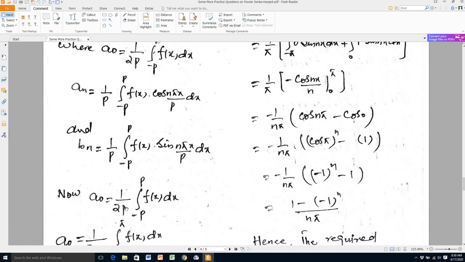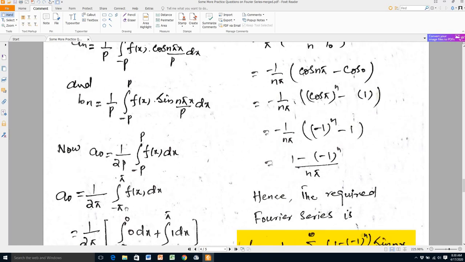Now we solve the first coefficient. A naught is equal to 1 over 2p integral from minus p to p f of x dx. Here I am substituting the value of p, and it becomes 1 over 2 pi integral from minus pi to pi f of x dx.